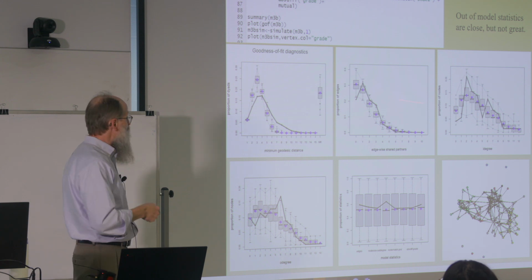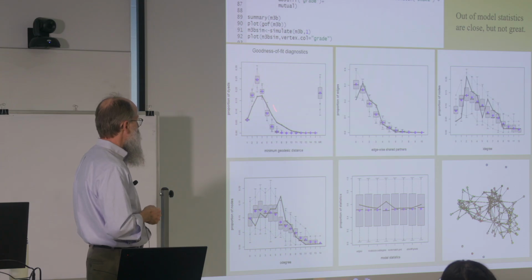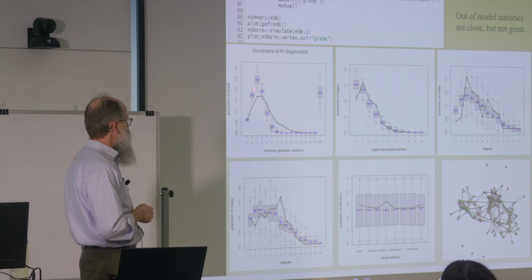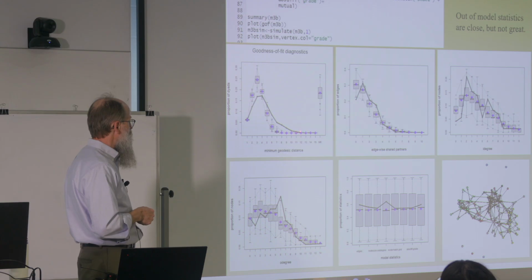Right? And in this model, I overpredict the number of isolates. I'm underpredicting the distance distribution, so nodes are closer in this network than I've observed in the others. That's usually a hint that there's clustering in the network that's not in my model. Because I'm assuming there are a lot more short paths than there are in the real world, and in the real world there are a lot more longer paths.